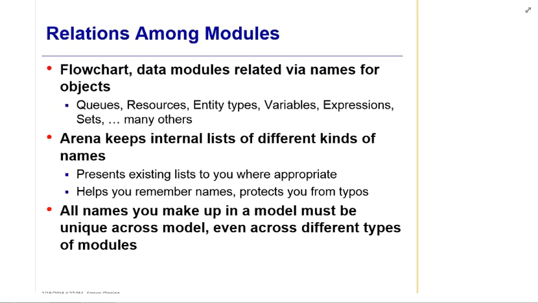If I have one person doing 3 processes, obviously my capacity is less than if I had 3 people, 1 for each process. Entity types, again, are things that I can change and have unique names, variables, expression sets, and there are others.